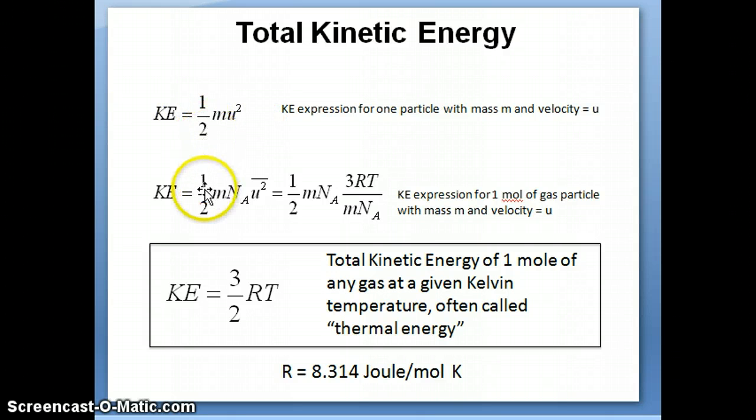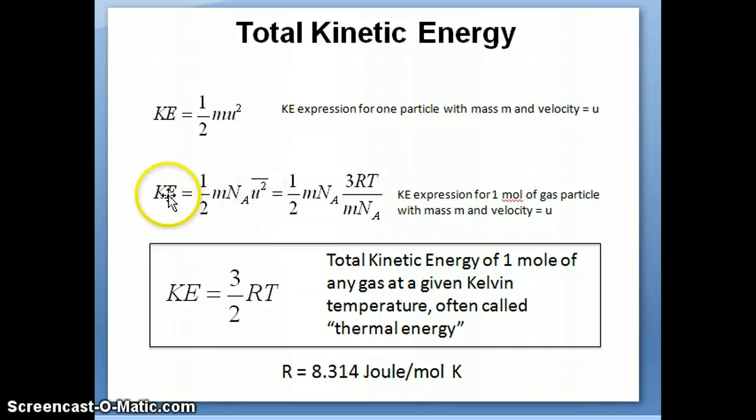Now remember, if we're talking about 1 mole of particles, then we don't write just this, but we would say it'd be half times m times 1 mole, which is of course Avogadro's number, times u squared. But because we now have a bunch of particles, we use an average velocity, and that average velocity is of course the RMS velocity squared.